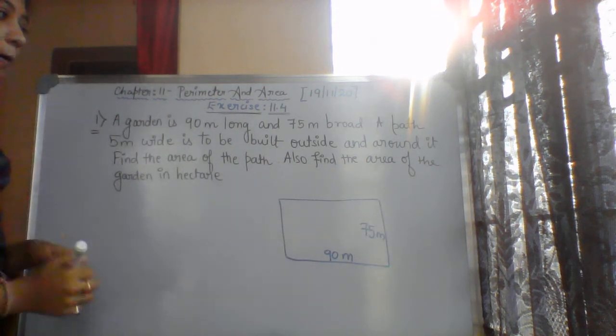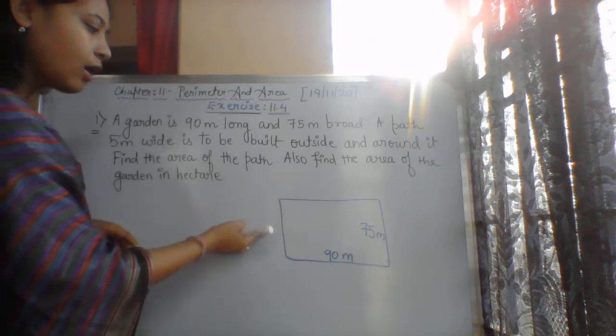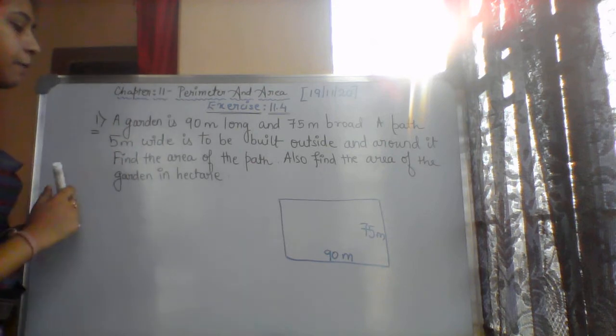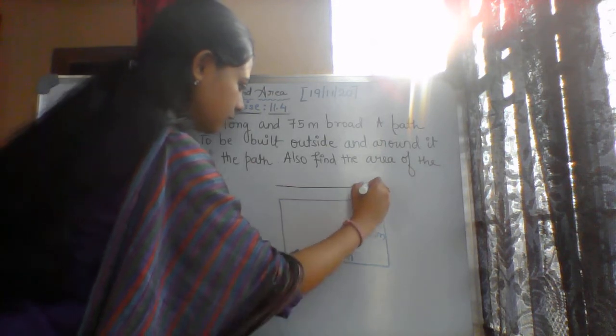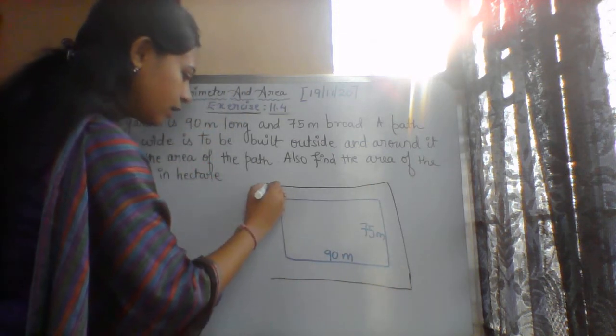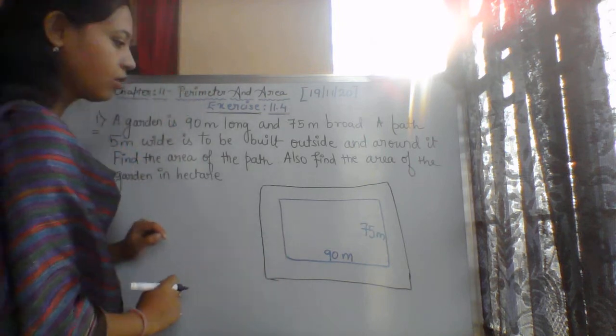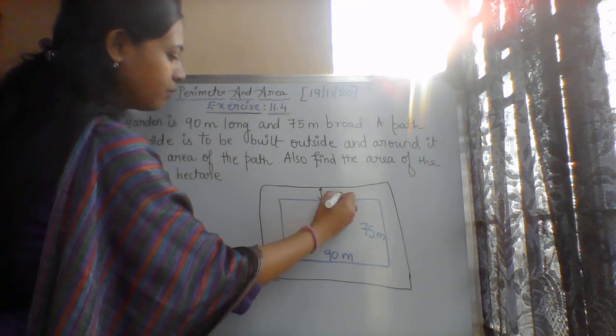Is to be built means a path we have to build outside the garden and around it. Okay, and that path is 5-meter wide. So we have to build a path outside the garden and around it. Okay, and this path is 5-meter wide.